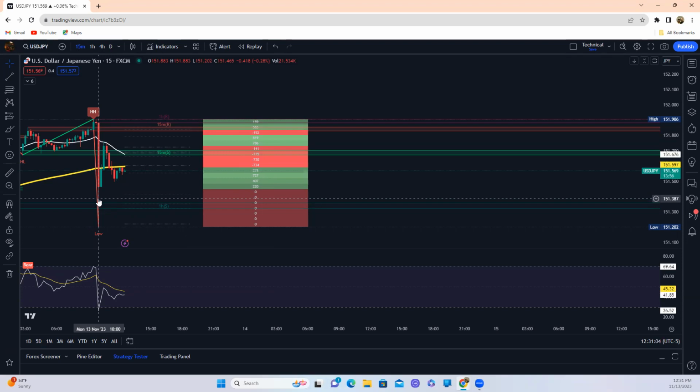As of this 10 o'clock candle, we know the market pushed down, but not due to any actual selling necessarily. It could have been due to take profit, whatever was going on, but it wasn't actual selling.